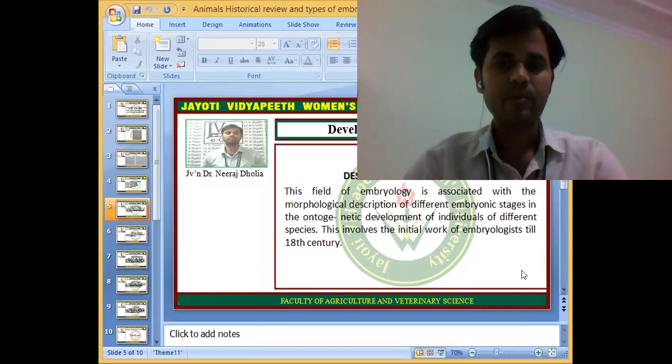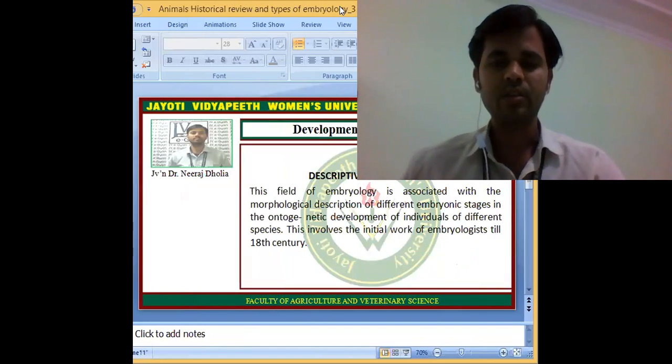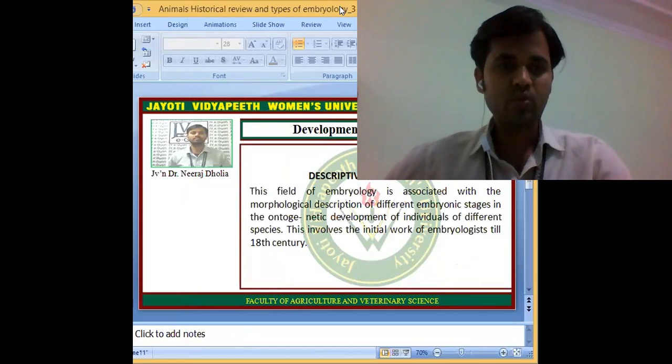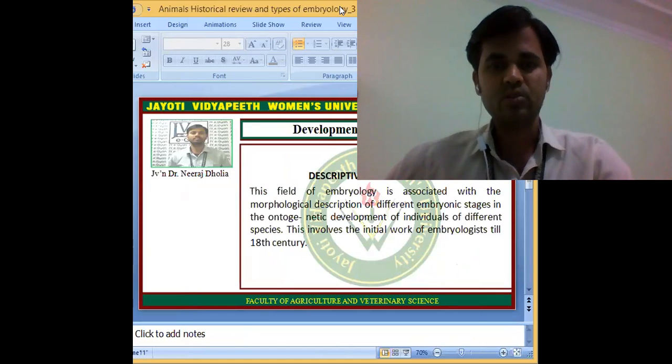First of all, we will see the descriptive embryology. As its name suggests, description, it gives the description of the embryology. So this field of embryology is associated with the morphological description of different embryonic stages in the ontogenic development of individuals of different species.